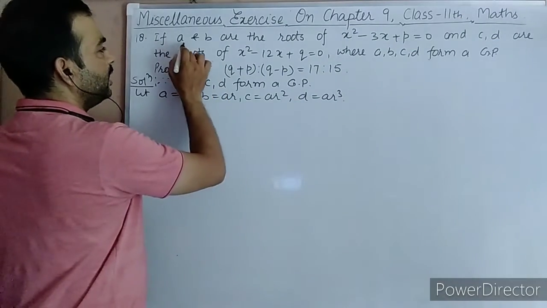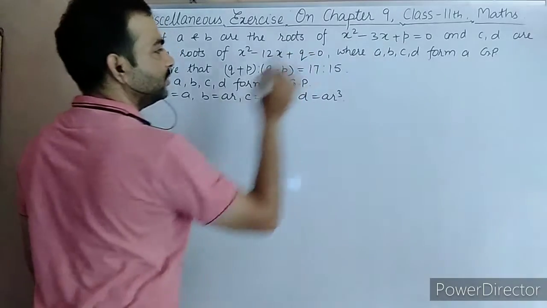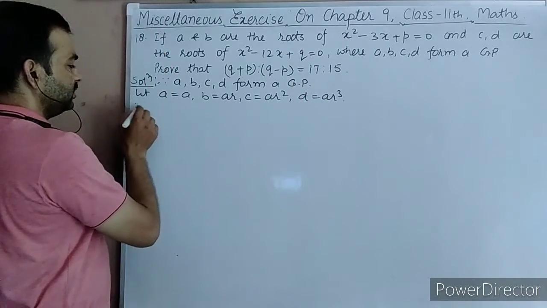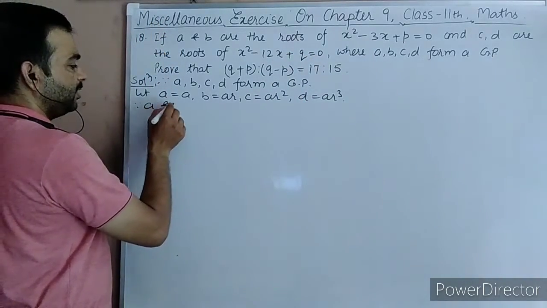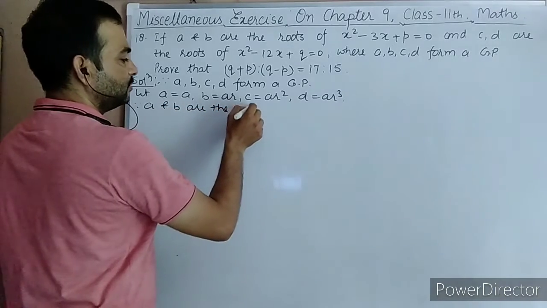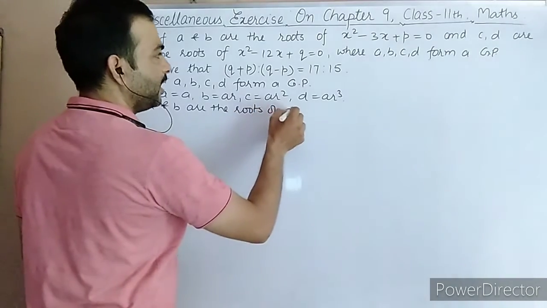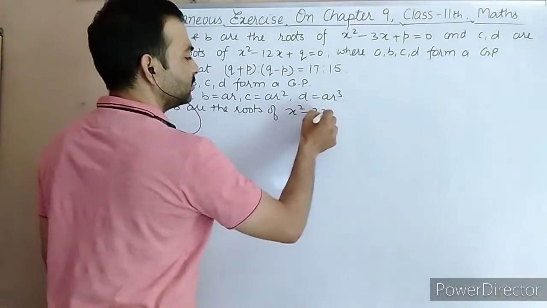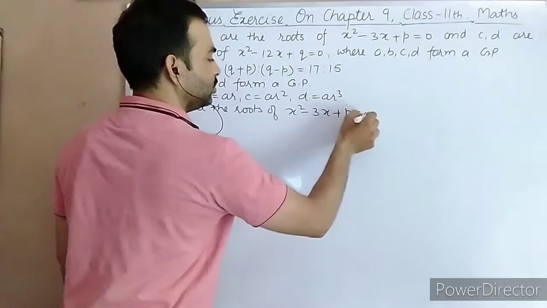Now a and b are the roots of this quadratic equation x² − 3x + p = 0.